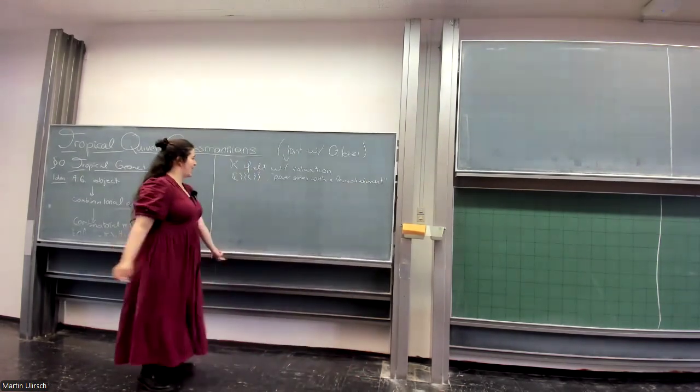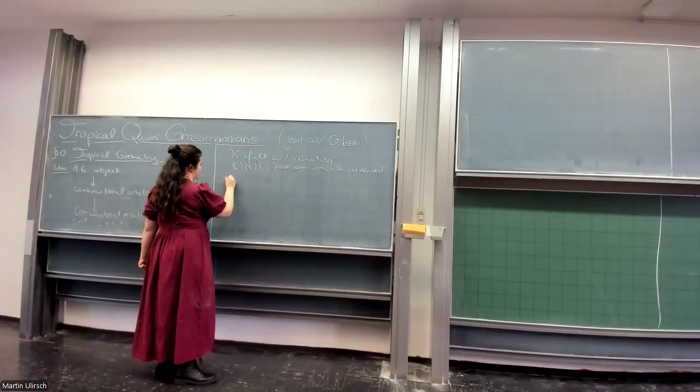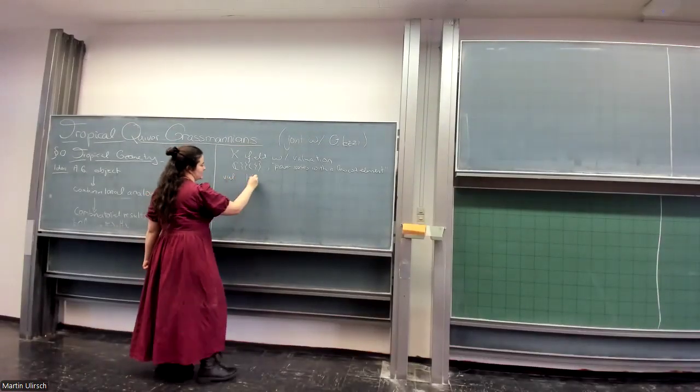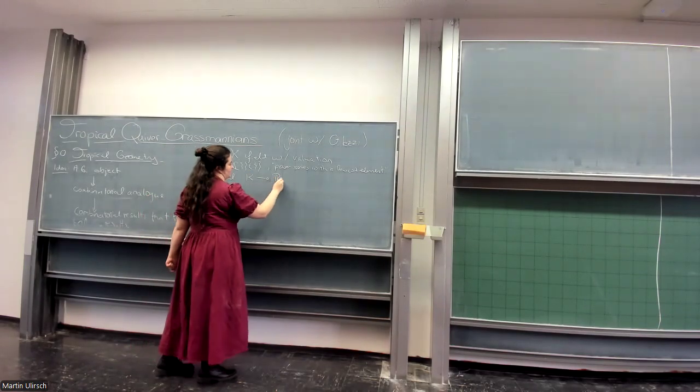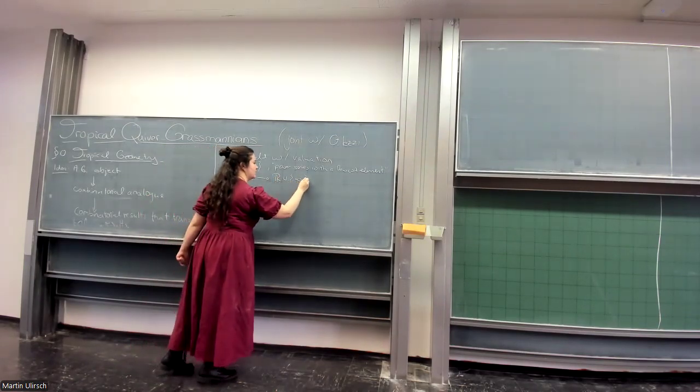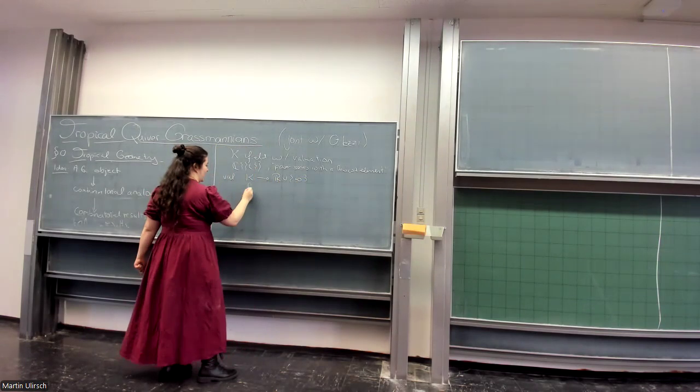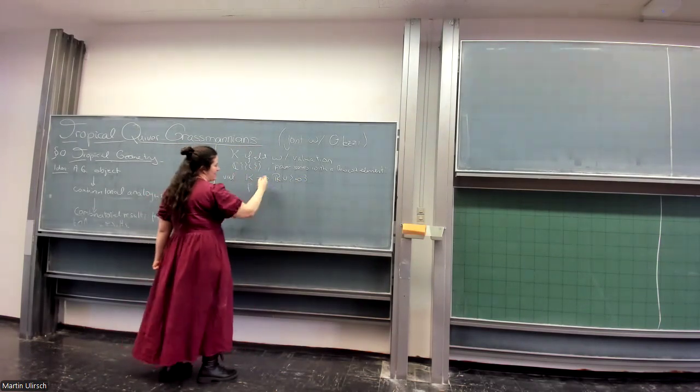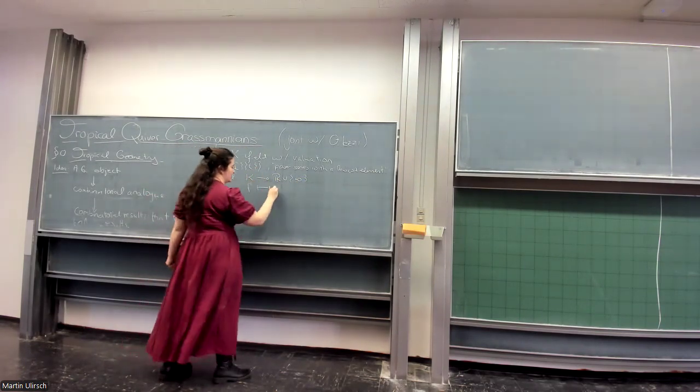And this valuation map maps you from this field into the tropical numbers, which is just R union infinity, where you map a power series to its lowest exponent.